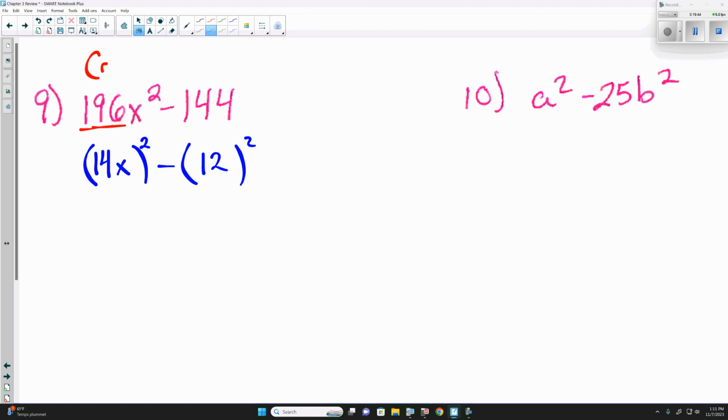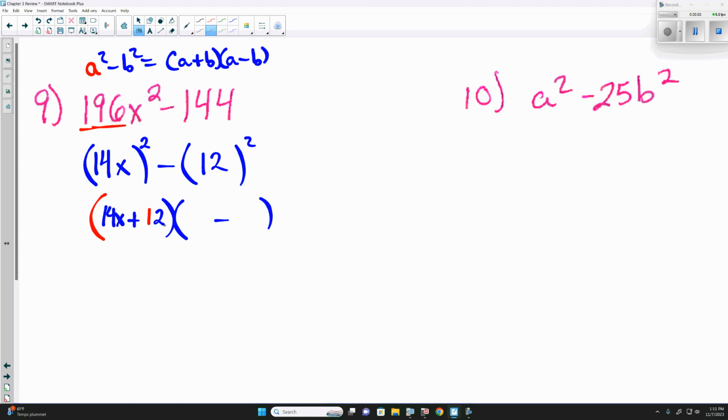So our a squared minus b squared is equal to a plus b times a minus b. Well, our a in this case is 13x. Our b is 12. So I can say 13x plus 12 and 13x minus 12.